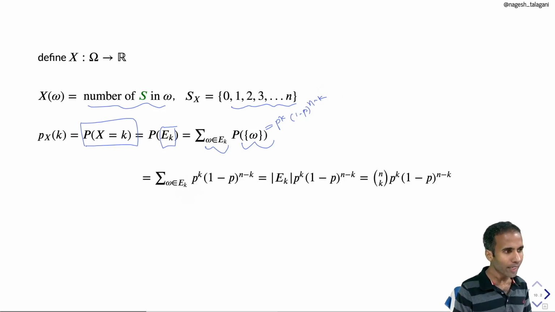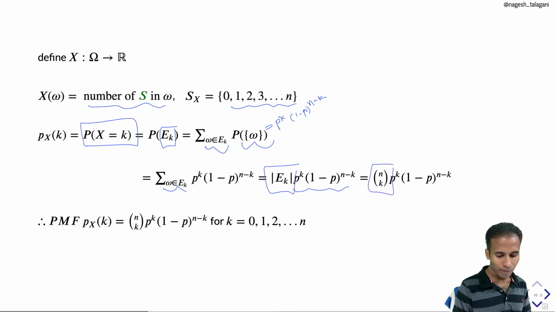So we are adding the same thing, p^k (1 minus p)^(n minus k), as many times as the number of elements in Ek. We already know the count for Ek, which is n choose k. Therefore the PMF p_X of k is n choose k times p^k (1 minus p)^(n minus k) for k equal to 0, 1, and so on up to n.